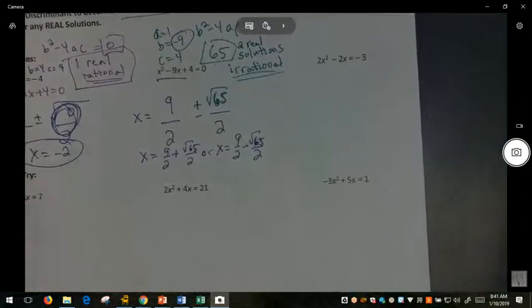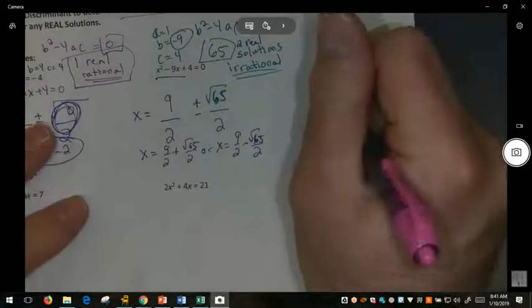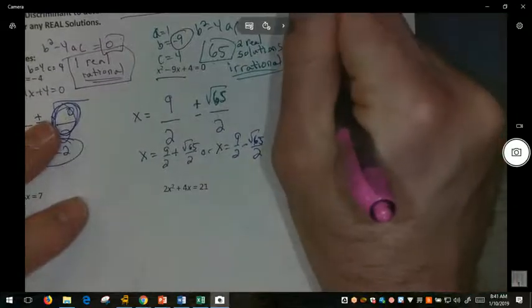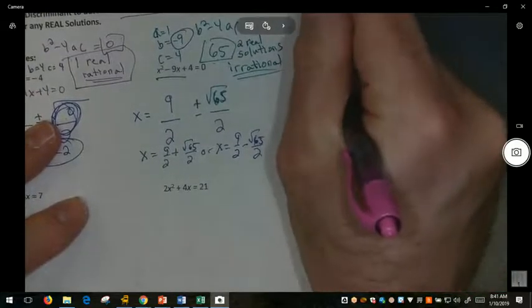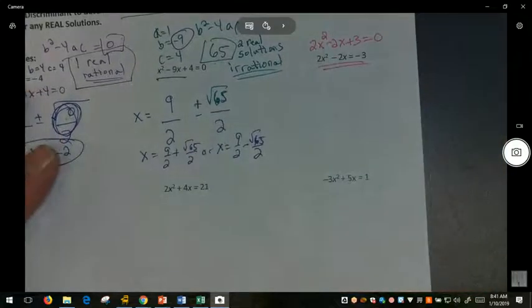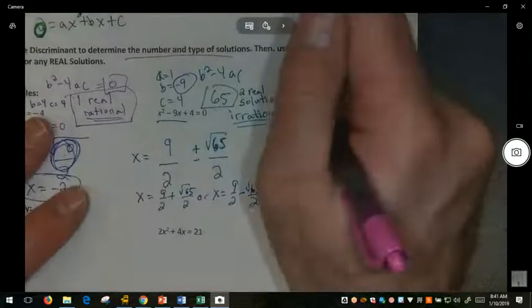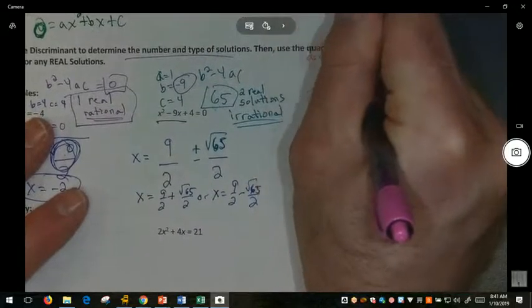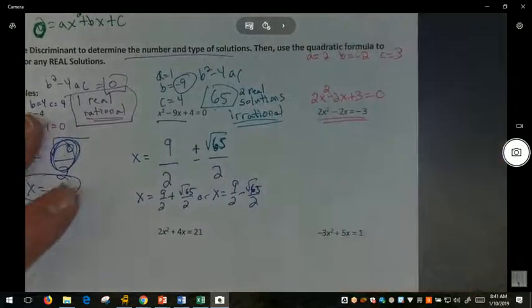Here's our last problem for the notes. This one is not in standard form, so I'm going to add 3 to both sides to get it equal to 0. Now that I have it in standard form and equal to 0, the value of a is 2, the value of b is negative 2, the value of c is 3.